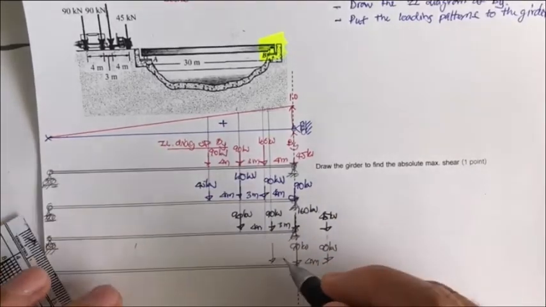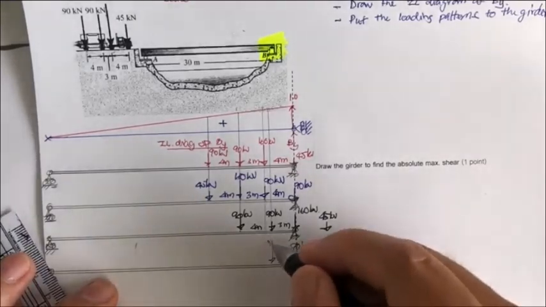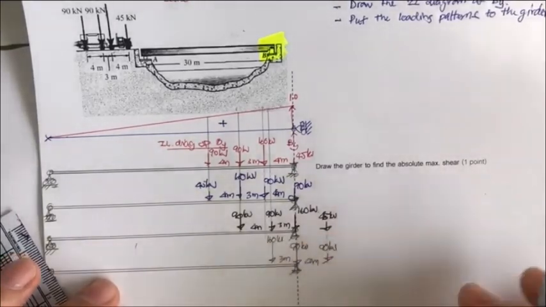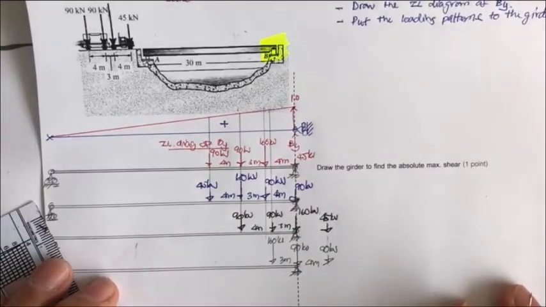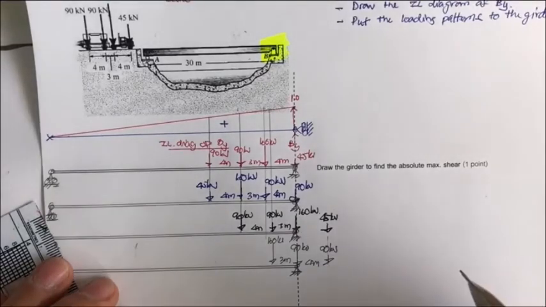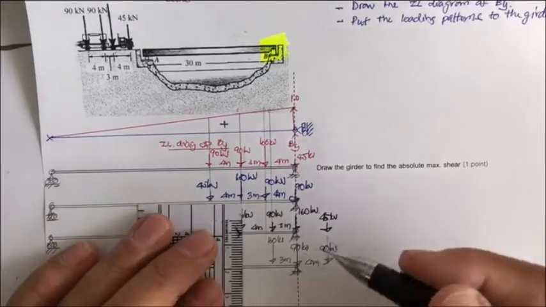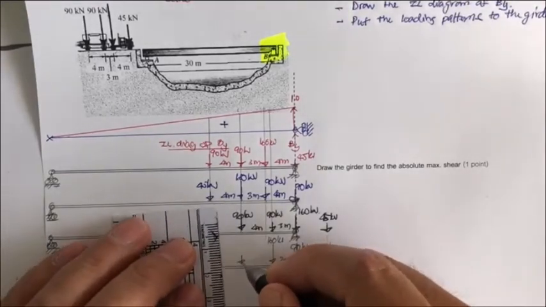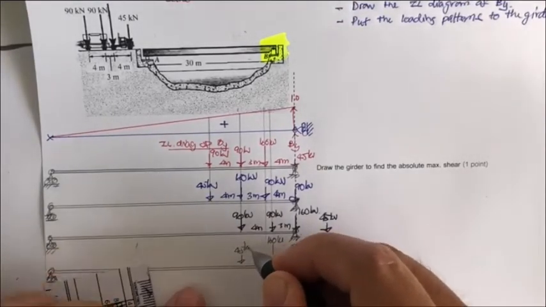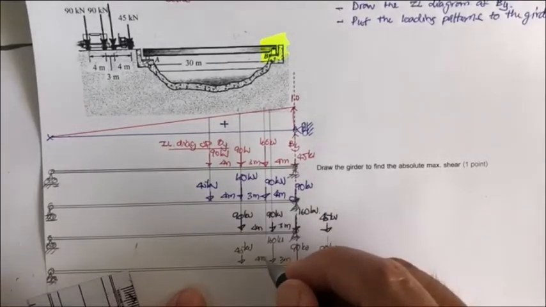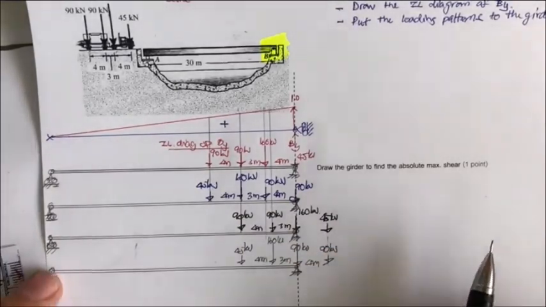This is 3 meter, and this one is 160 kilonewton. And the last one is going to move for 4 meter, so it's going to be 45 kilonewton here. So this one is going to be like this.